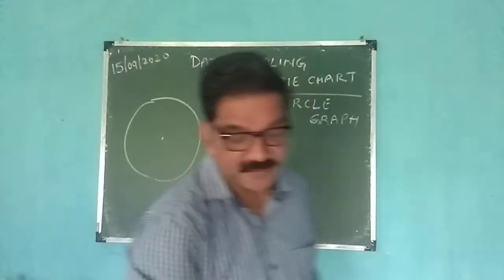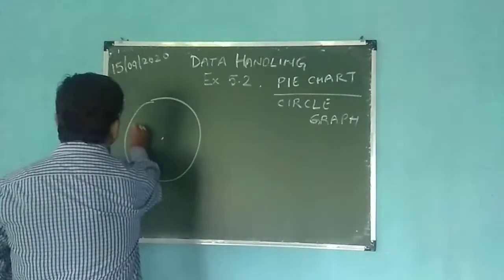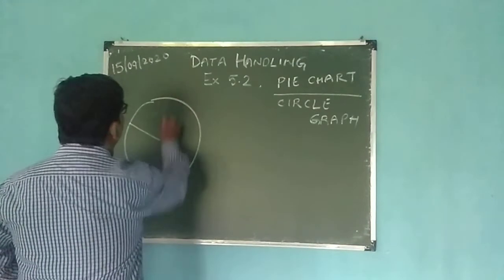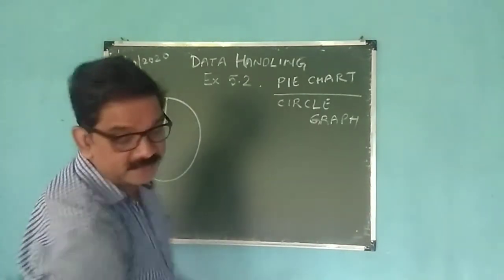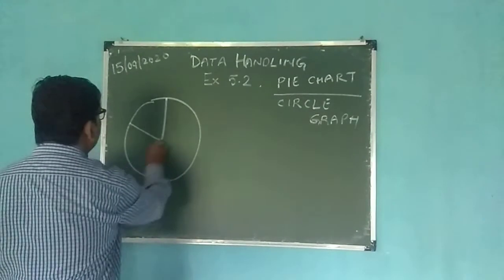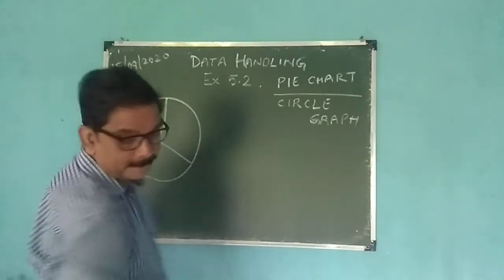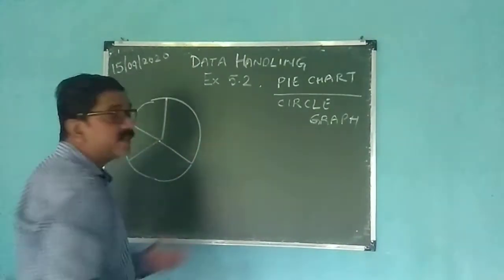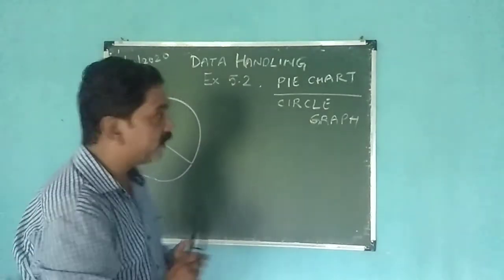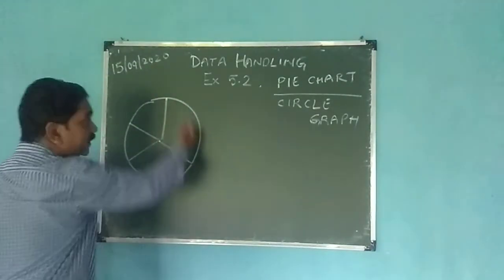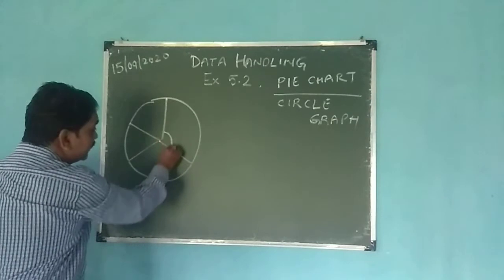There is a circle here. They have drawn lines to the radius in this way. Okay, in the last class I told you very clearly that this is nothing but the sectors. This is nothing but the sectors, and this is the central angle.